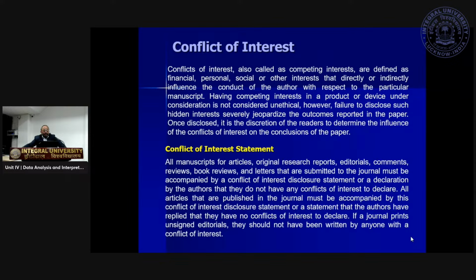Conflict of interest statement: all manuscripts and articles, original research reports, editorials, comments, reviews, book reviews, and letters that are submitted to the journal must be accompanied by the conflict of interest disclosure statement, which is a one-line statement or declaration by the authors that they do not have any conflict of interest to declare.